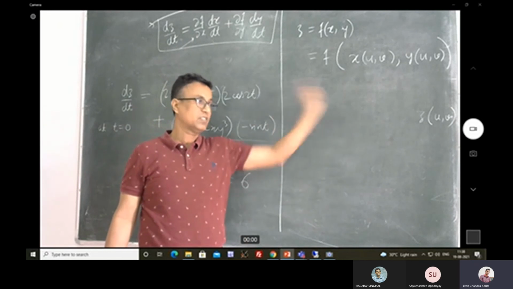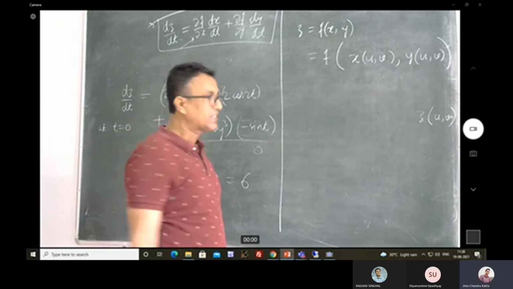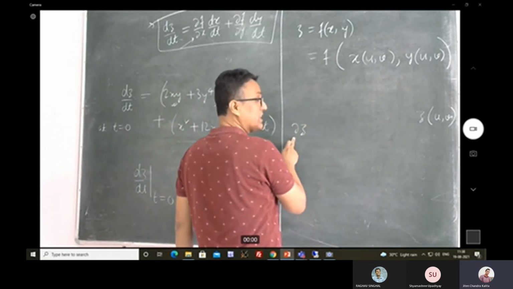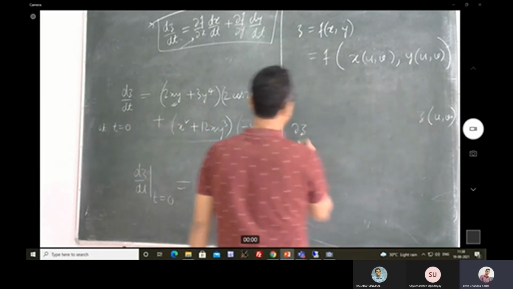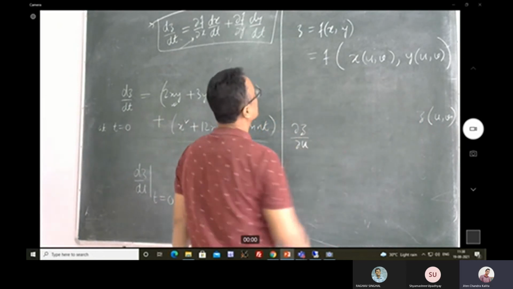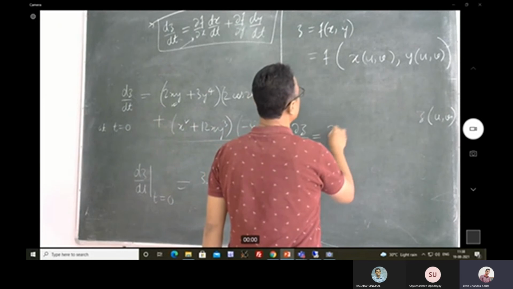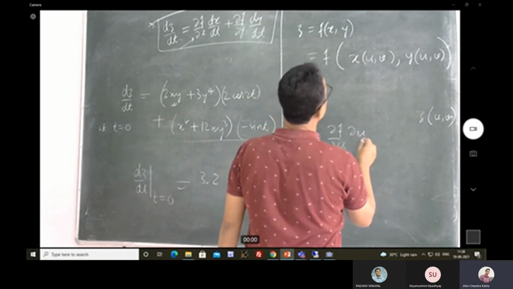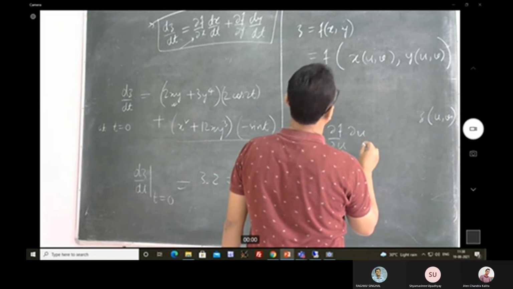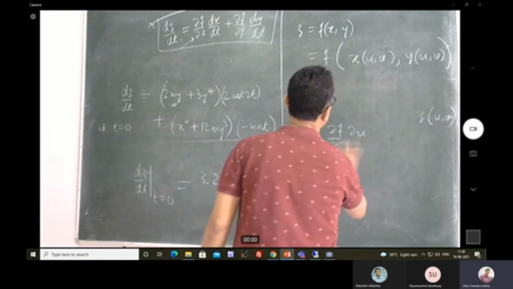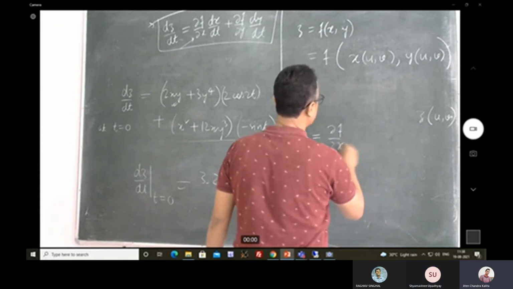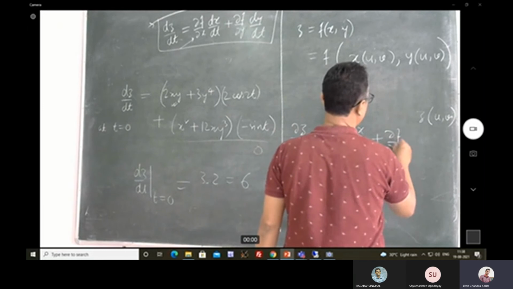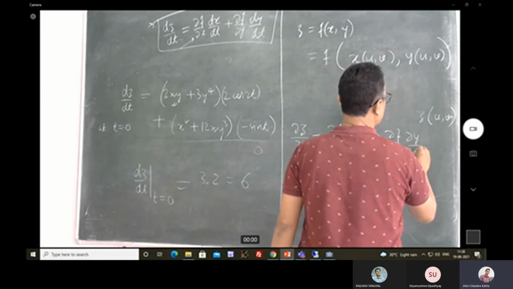But here, because it is a function of more than one variable, the chain rule gives us a partial derivative with respect to either of them. Say del z/del u is going to be del f/del x times del x/del u plus del f/del y times del y/del u.